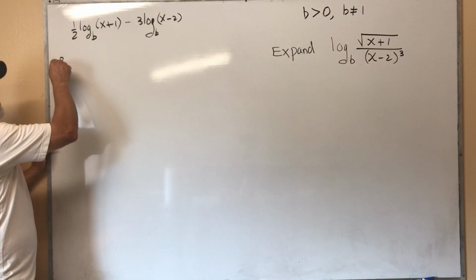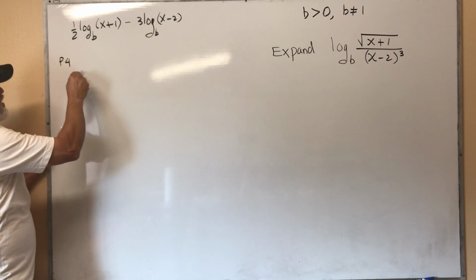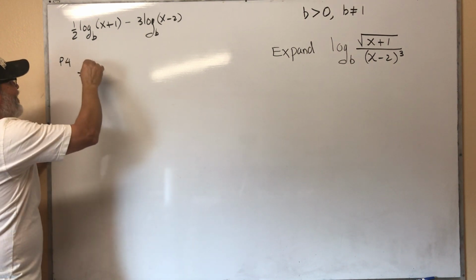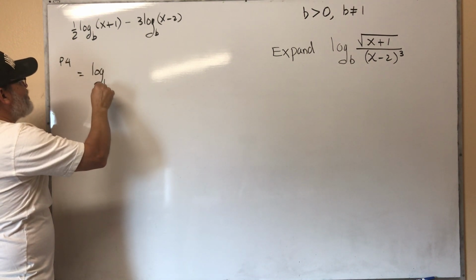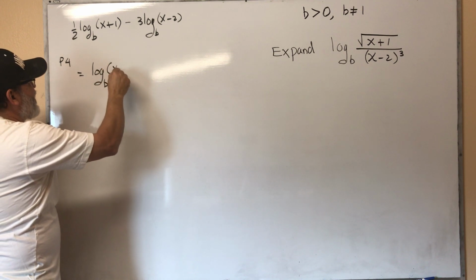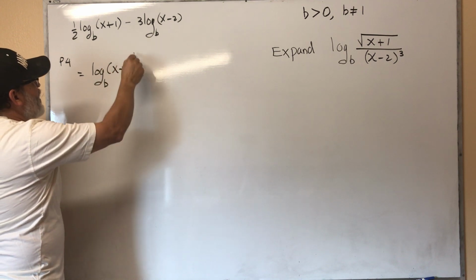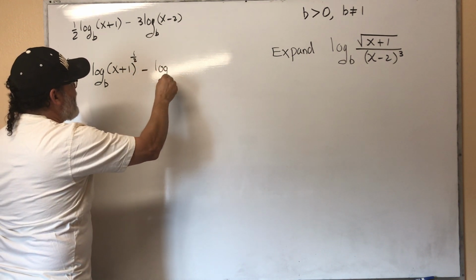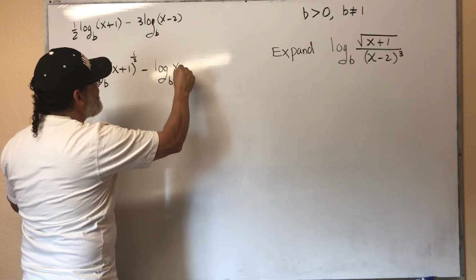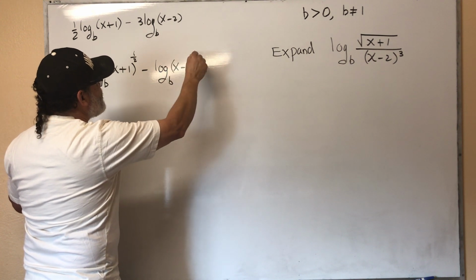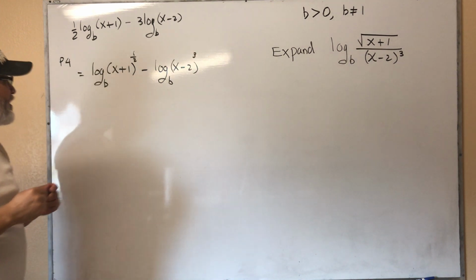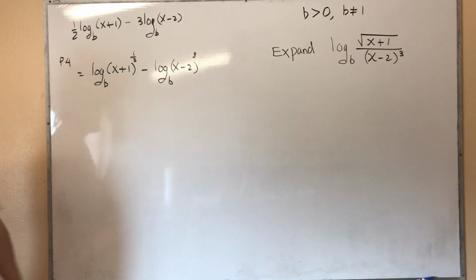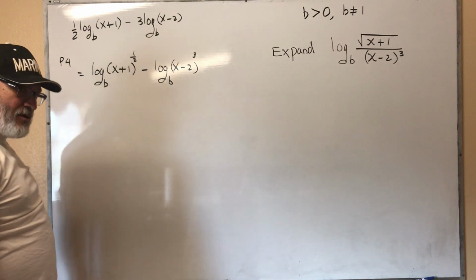By property 4, this equals log base b of x plus 1 raised to the half minus log base b of x minus 2 raised to the third. That's property number 4.